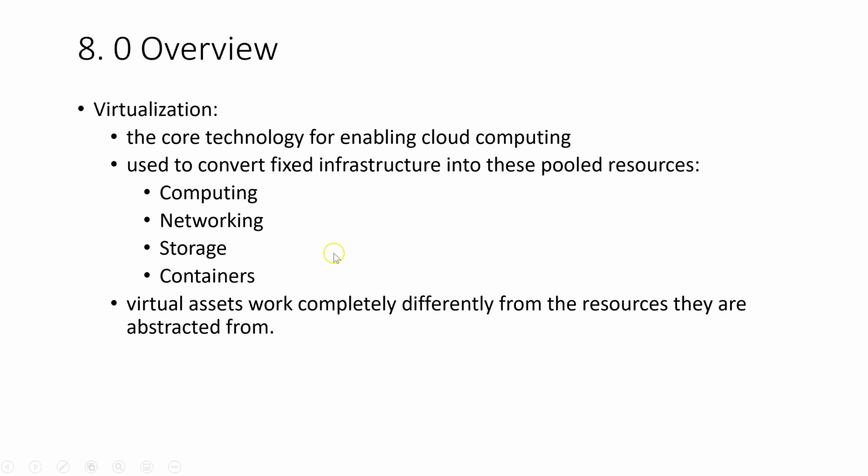Virtualization, as was said in the first reading assignment, is the core technology for enabling cloud computing. It gives you fixed infrastructure and it turns it into pooled resources. For example, compute, as they call it, network, storage, and containers. Virtual assets are different from the infrastructure that they are abstracted from.